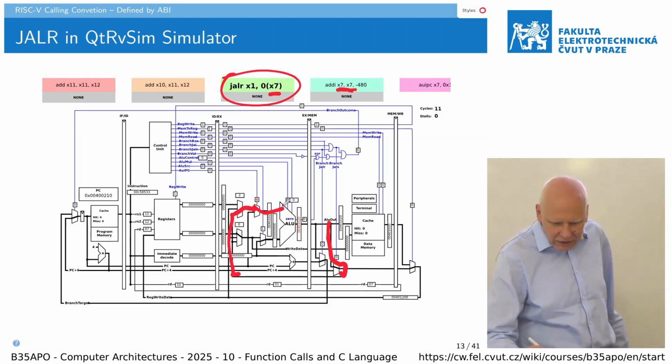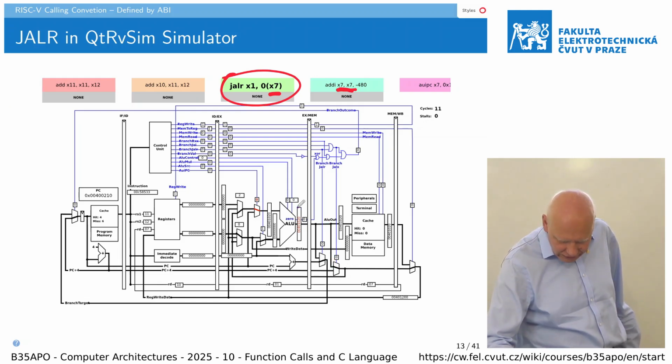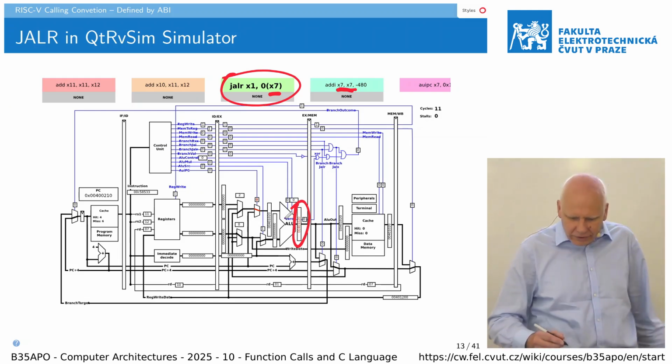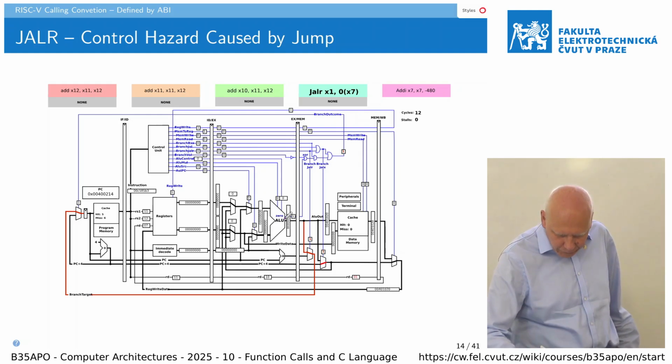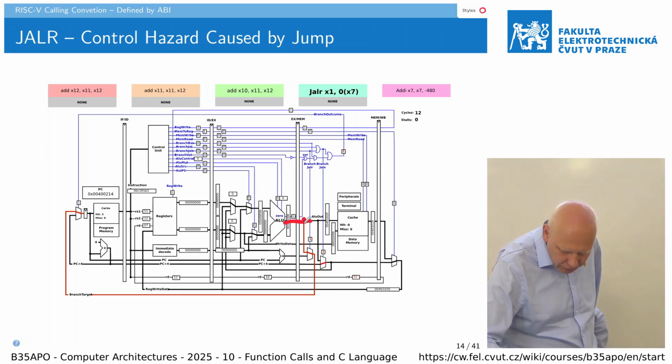So please try to locate those things, and you see that there is the result address, which will be used in the next cycle to specify where we should branch. So in this case, the output of the arithmetic logic unit specifies the address where we want to branch.